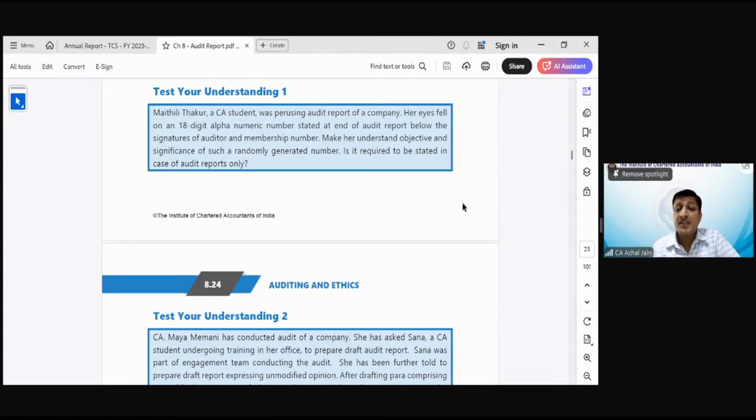Shreya says only the CAs are required to sign, which is fine. But around this 18-digit alphanumeric number, what is your understanding? What does it require? What is this coding, or what is the relevance of this? How does it really work? I think all of these pointers you need to explain here. Okay, yeah. So let's try to understand.